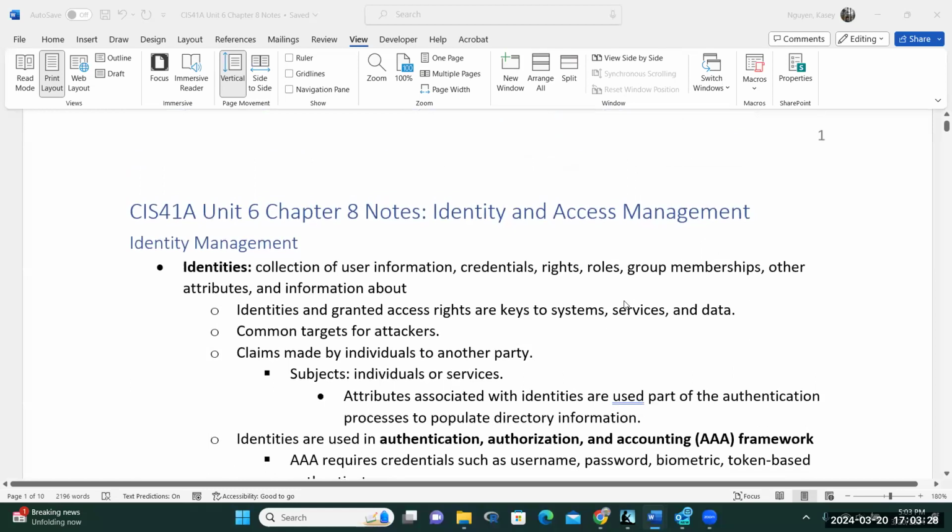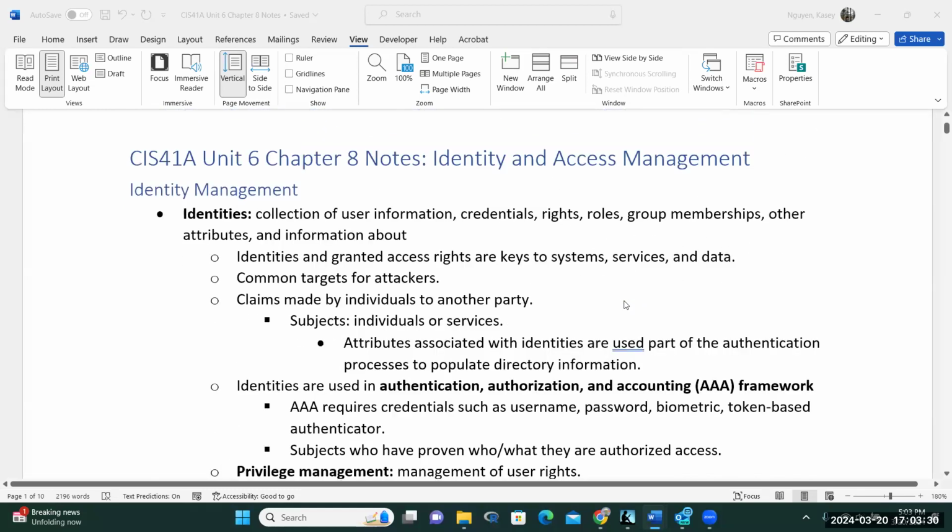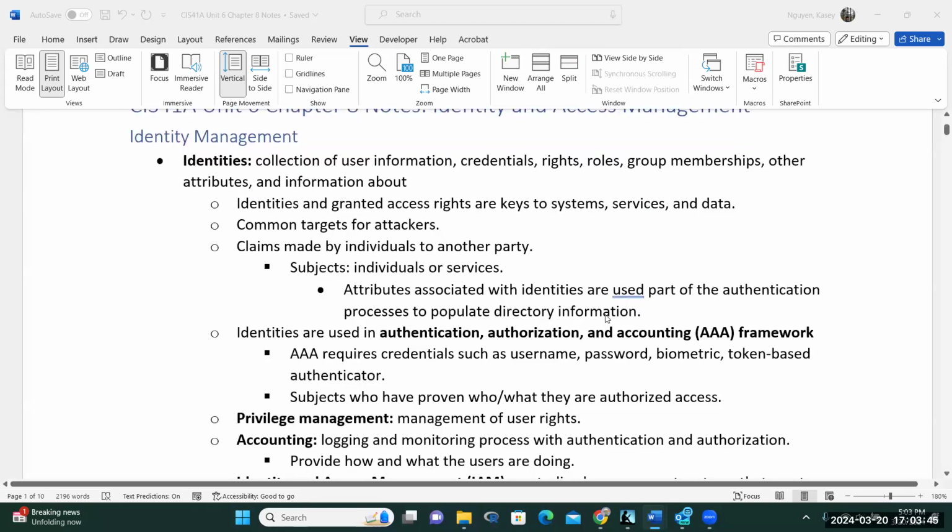But I really feel like access management is the key. It is also an area where many companies are not doing their job in managing well. So that's why you have a lot of security issues.